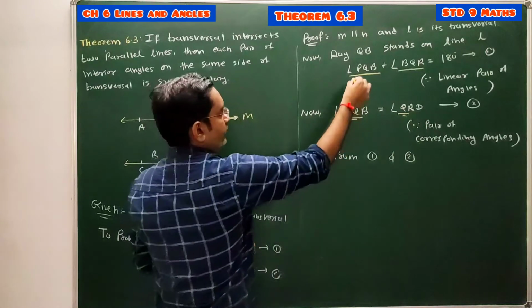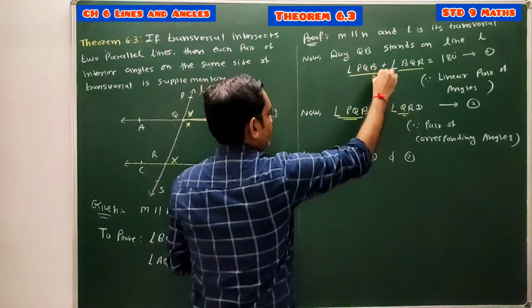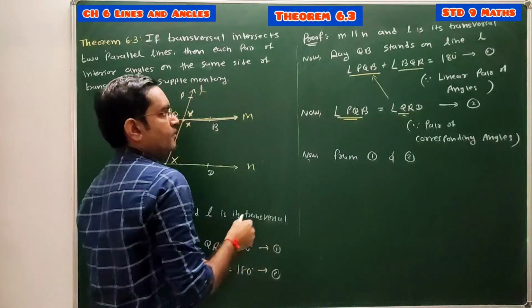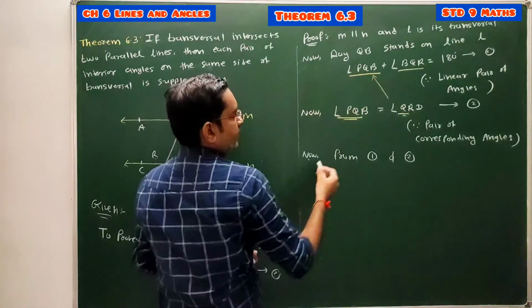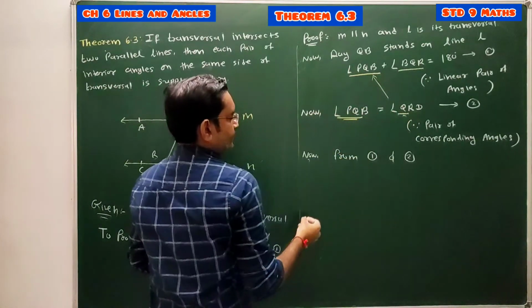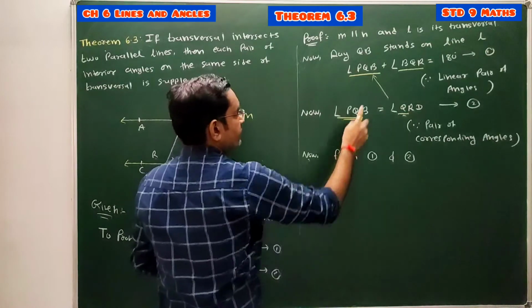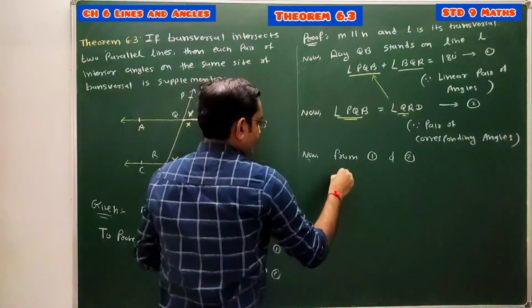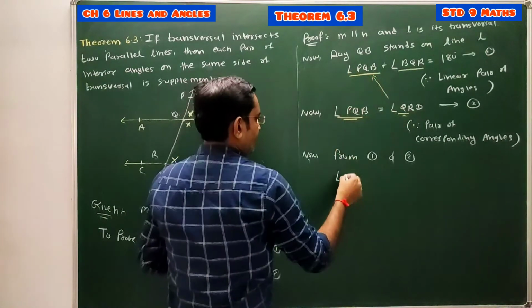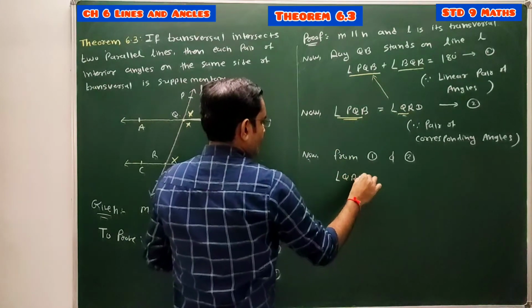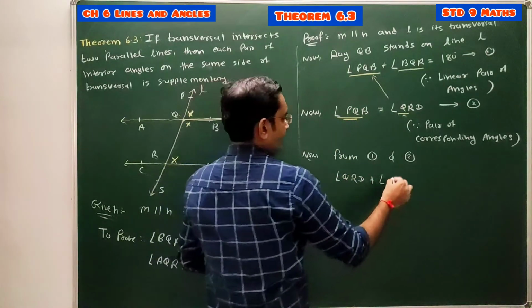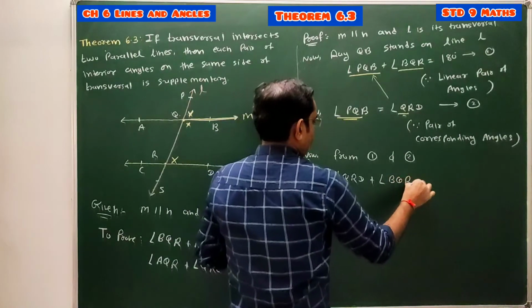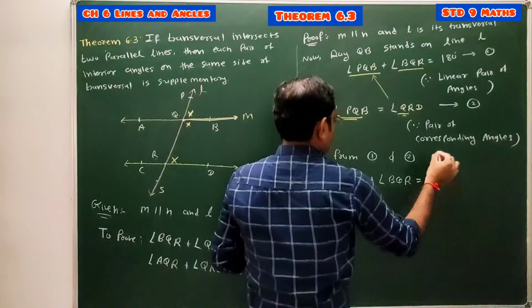In short, now we will replace this PQB with this angle QRD, because PQB is equal to QRD. So from result 1 and 2, we can write the first result, replacing angle PQB with angle QRD, as angle QRD plus angle BQR equal to 180 degrees.